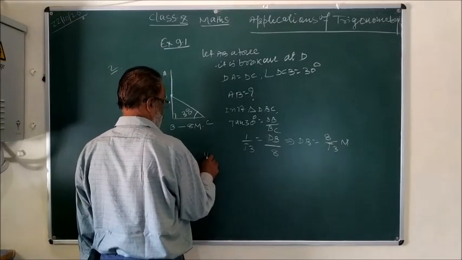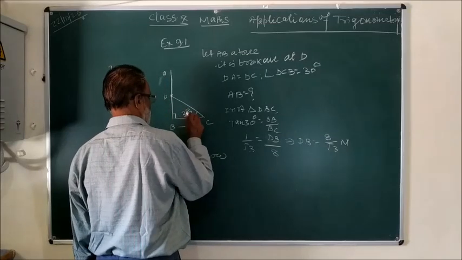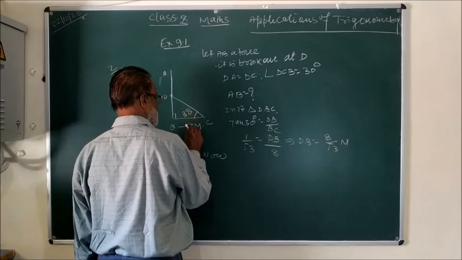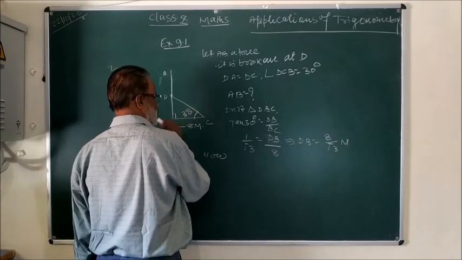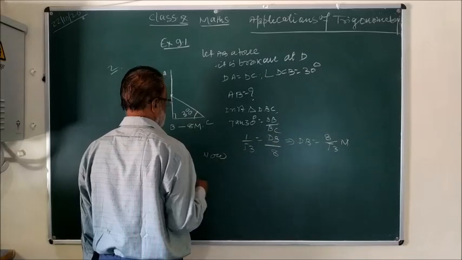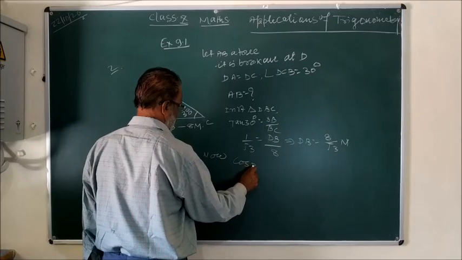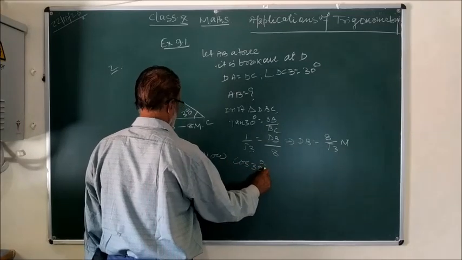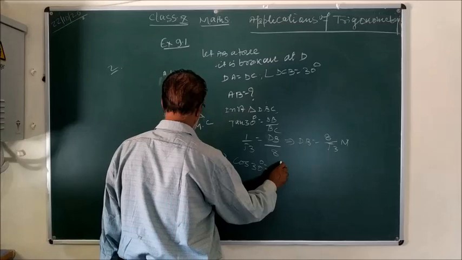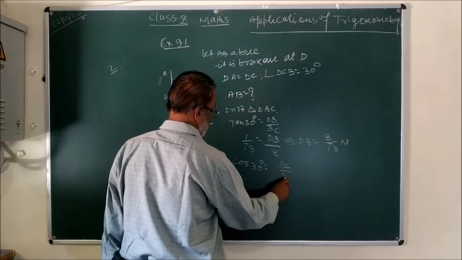Now for this angle you can take cos or sin, because we have already found the value of DB. So if we want to find DC, cos 30 degrees is equal to B by H, so BC by DC.